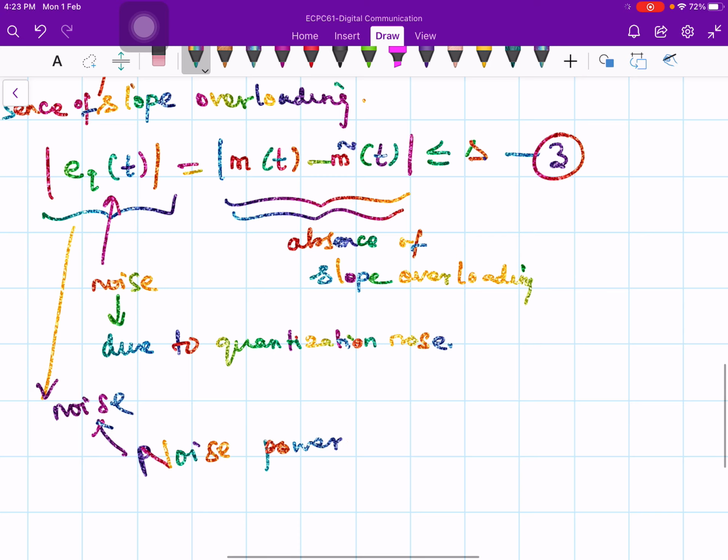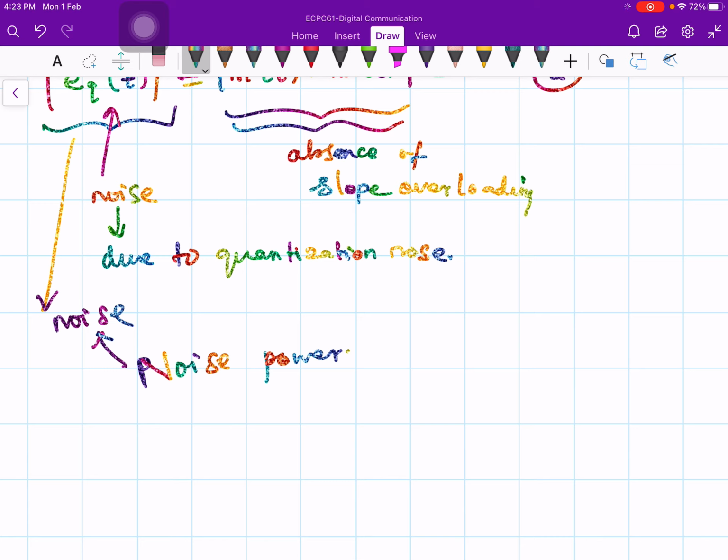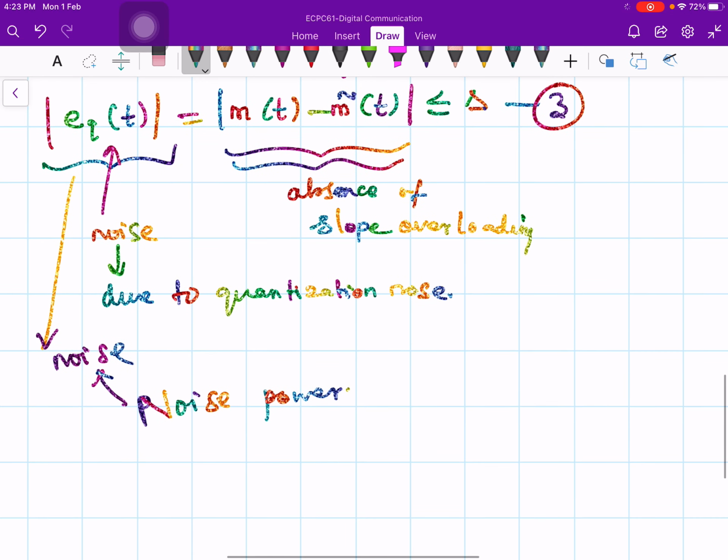In order to calculate the noise power, I need to make some assumptions, and the first assumption we would like to make concerns the PDF, the probability density function. Why? This is a random process. The noise will vary from time to time, so we need to model it with the help of random processes and random variables.